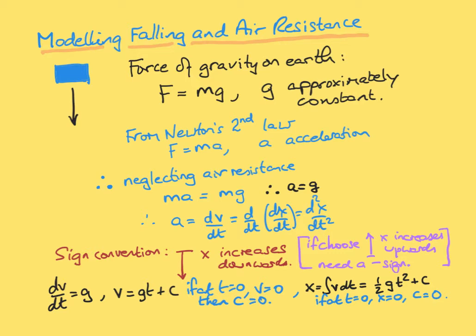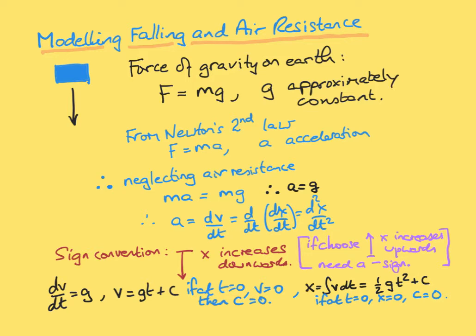And this equation here, that x is 1/2 gt squared, is related to the very familiar situation when we have constant acceleration, as we do here, because a is just g, and we're treating g as being approximately constant.